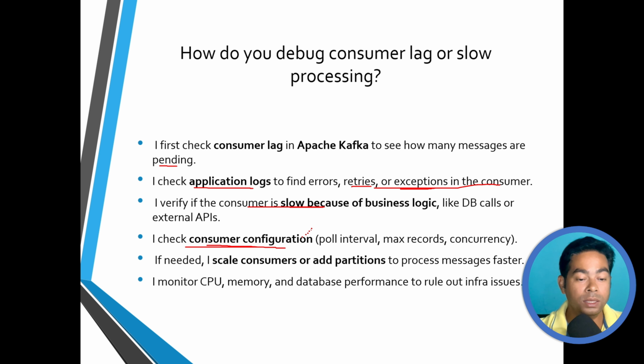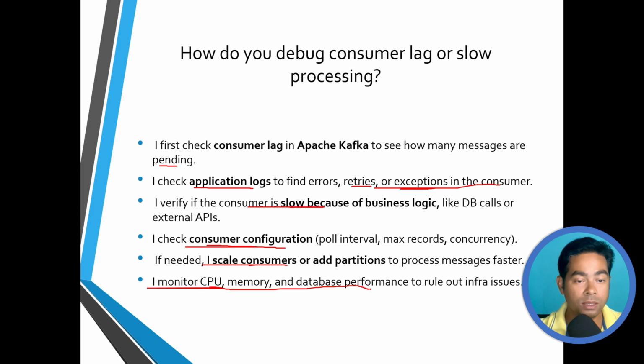If you find the consumer is not performing as expected, temporarily you can scale the number of instances or pods of the consumers. After that, you can provide the permanent solutions. You can monitor the CPU and memory or database performance for the consumer applications. Once you finalize the root cause of the issue, you can take the proper action to fix it.